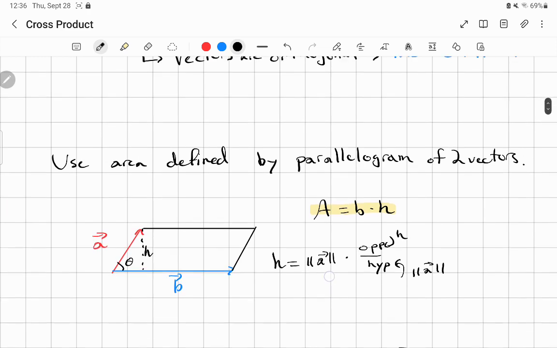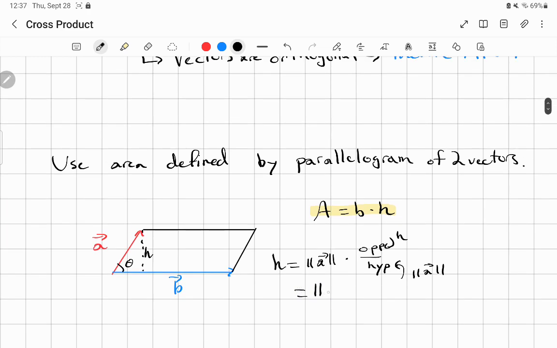So then h is equal to a times sine theta. So that's h. The base, we've already confirmed, is equal to the magnitude of the vector b. So the area is equal to a times b times sine theta.